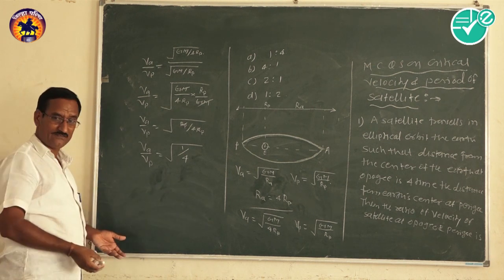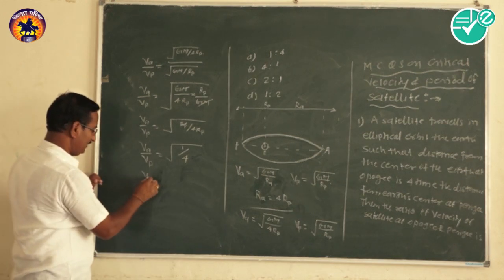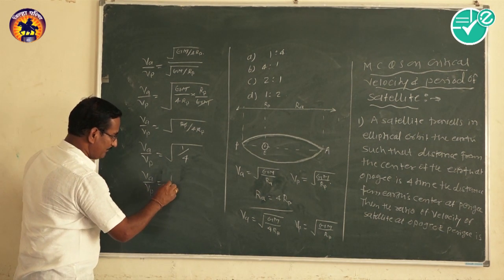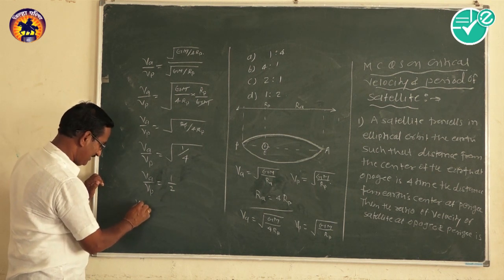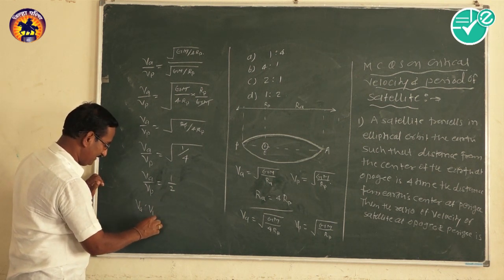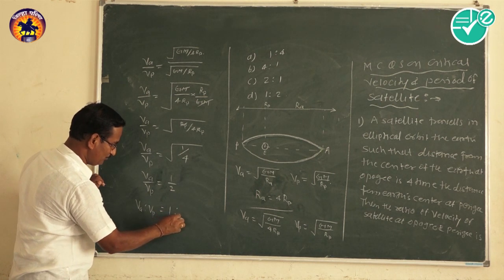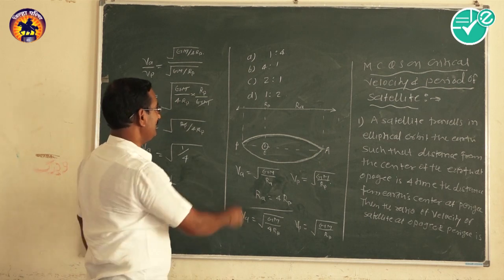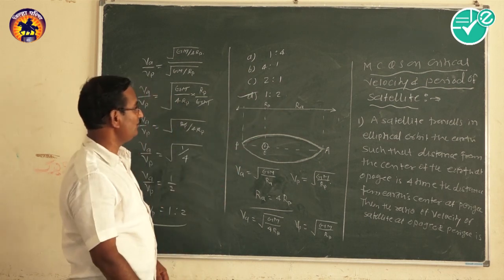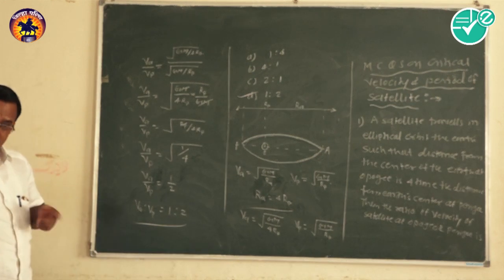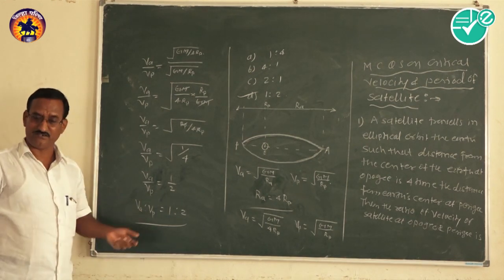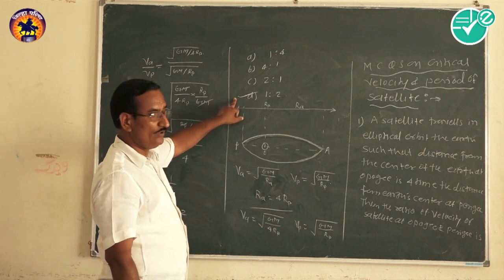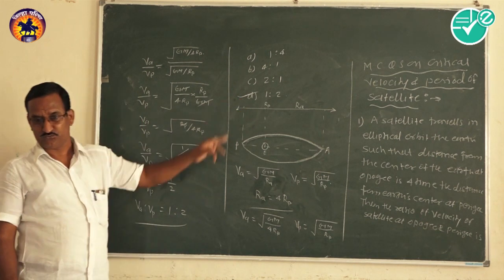Then taking the square root, VA upon VP is equal to 1 by 2. So VA to VP is 1 to 2. The correct alternative of this MCQ is 1:2.